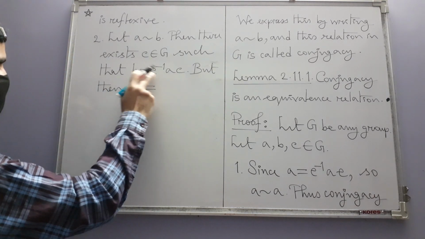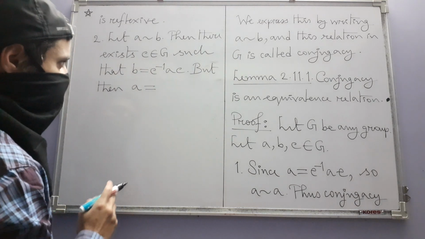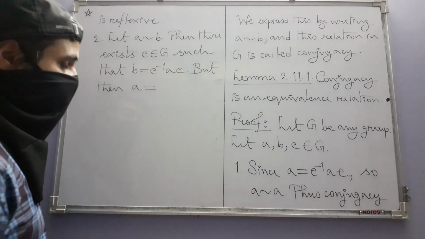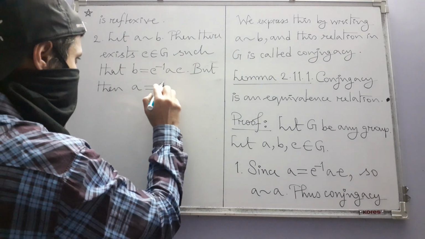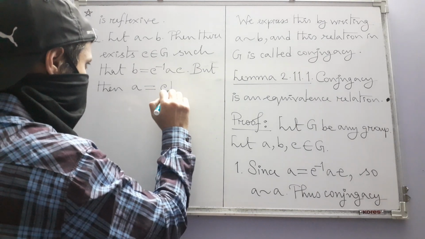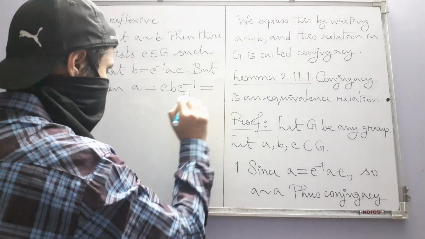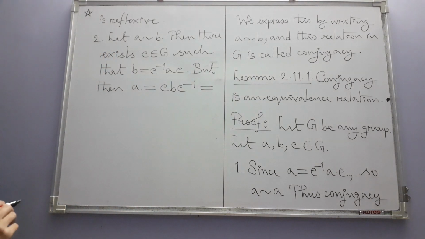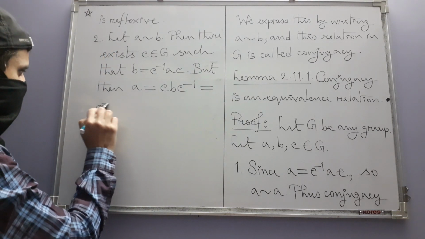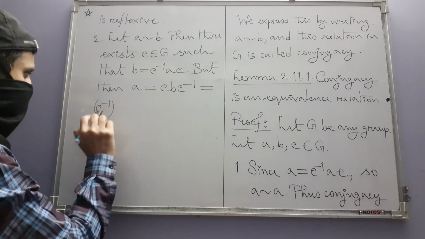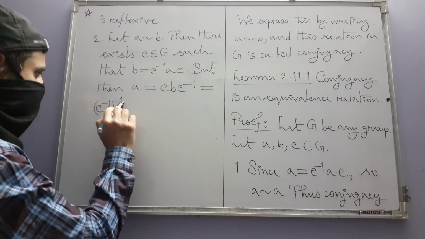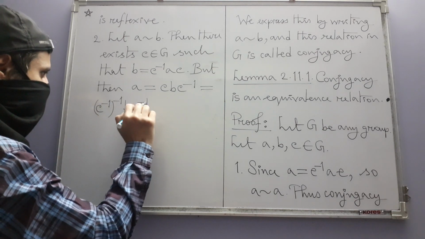If you multiply on both sides by C from the left and by C inverse from the right, then you get A equal to CBC inverse, which itself can also be written like this: C inverse inverse B C inverse.